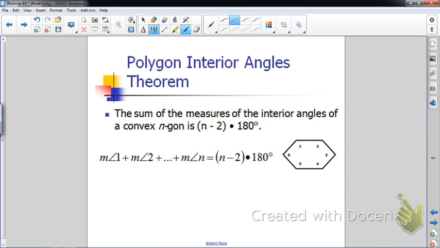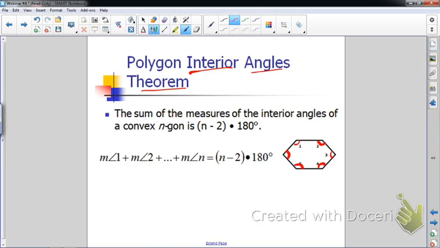The next thing that we talked about in this chapter was the interior angle theorem. The interior angle theorem says, I am giving you this polygon. Doesn't matter how many sides it has, I'm just giving it to you, and I'm letting you know that you can figure out the interior angle. Wherever I'm drawing those little arcs, those are called the interior angles of any given polygon.